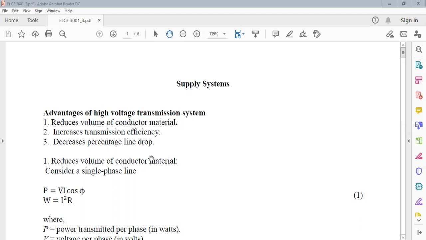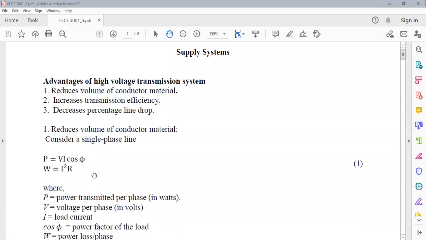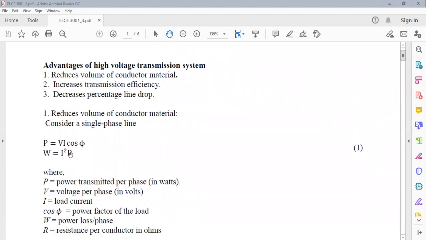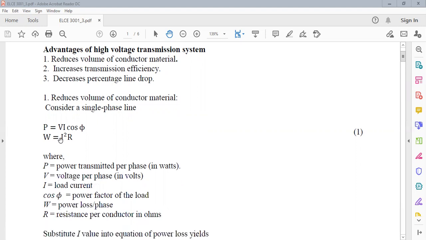If we consider a single phase transmission line, we have two major equations. First, the power equals VI cosine phi, where cosine phi is the power factor, and W equals I square R, where W here is the power losses per phase.